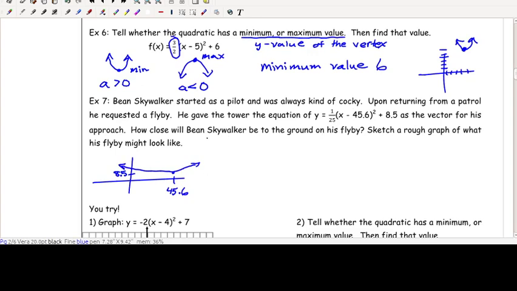How close will Ben Skywalker be to the ground on his flyby? Well, the closest he gets to the ground is here at the minimum point, which is 8.5. So the closest he will be to the ground is 8.5. Let's call it meters. I don't think they said in the question. It's at 8.5 meters.